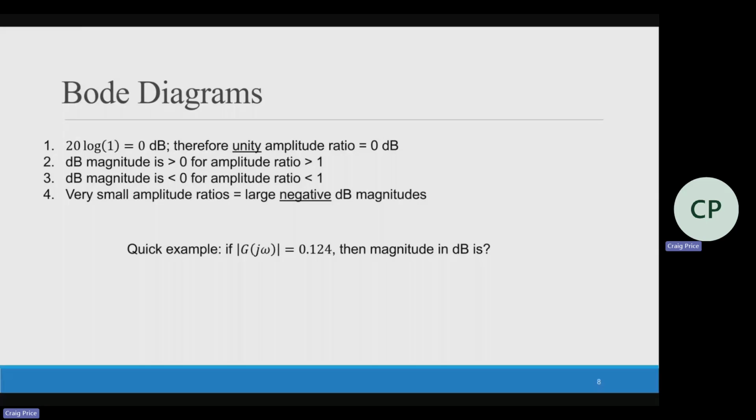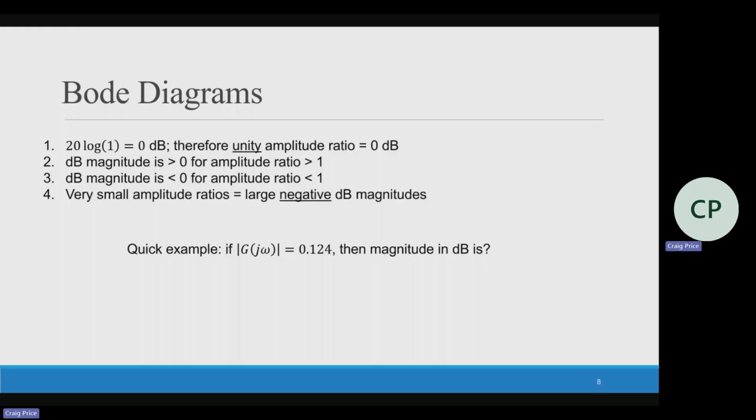For example, let's say my amplitude ratio or magnitude is 0.124, what is the magnitude in decibels? I don't know if you can do this in your head, by the way.